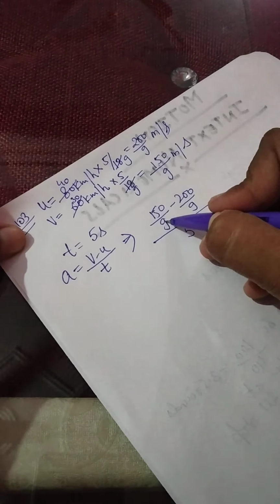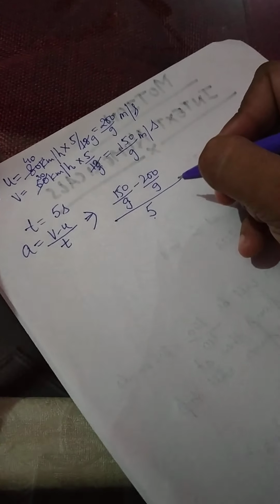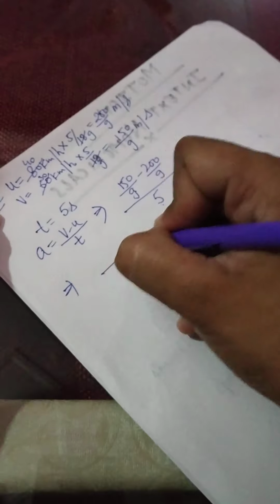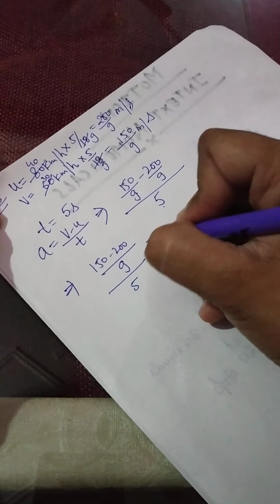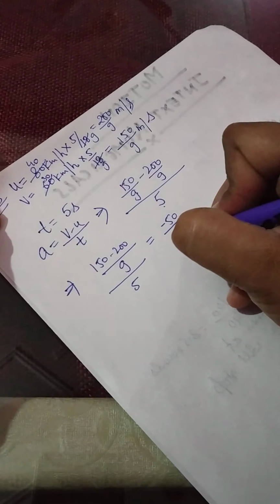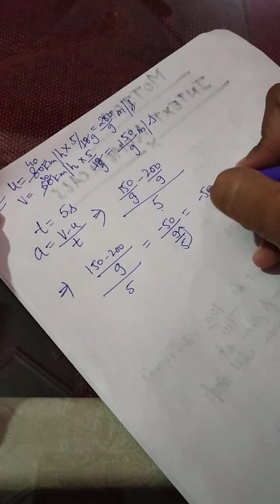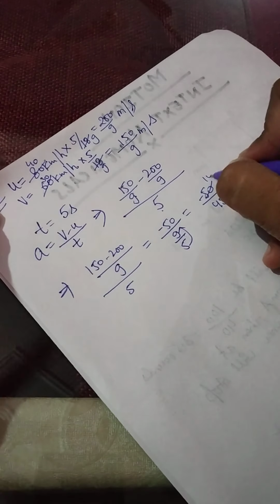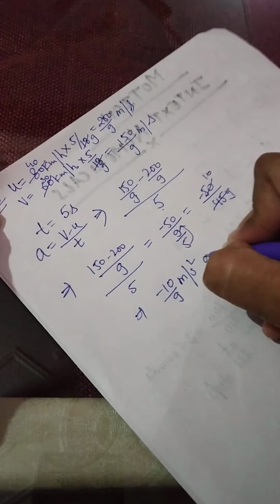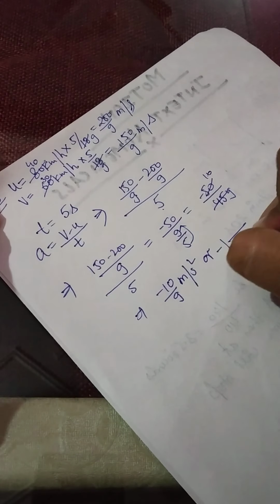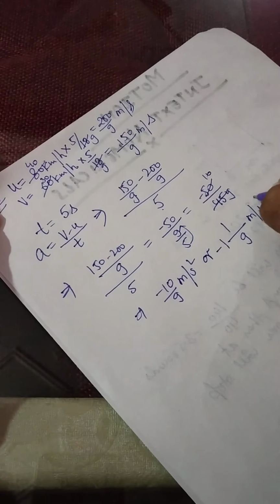This is the final velocity minus initial velocity upon time. It would be minus 10 upon 9 meter per second square. This will be the value of acceleration when the bus decreases its speed from 80 km per hour to 60 km per hour in 5 seconds.